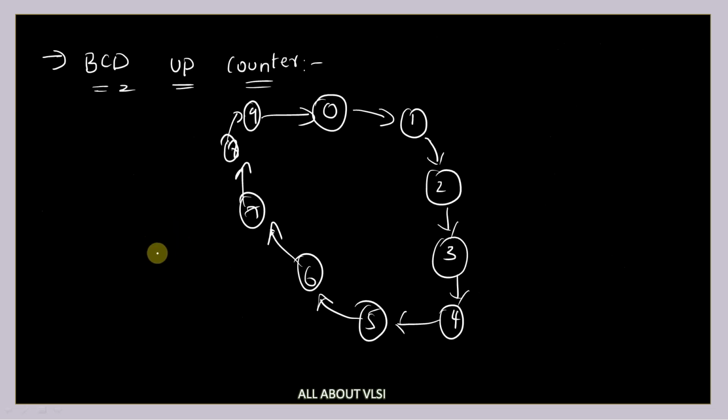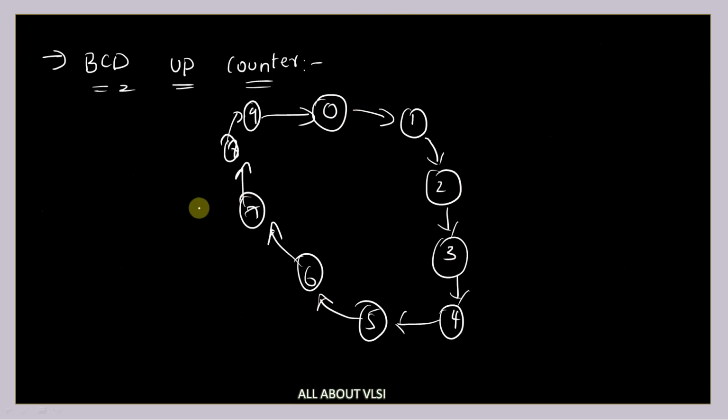Let's say our counter is in the state 10. It is not there in this particular state diagram, but let's say the counter has mistakenly entered state 10. What happens then? Let me draw it.